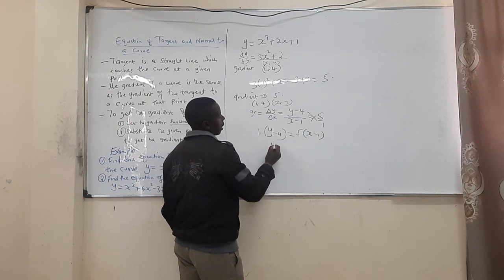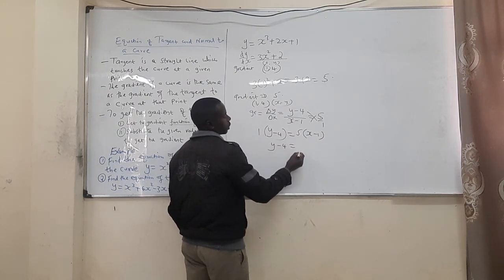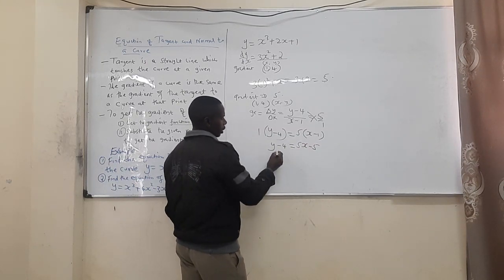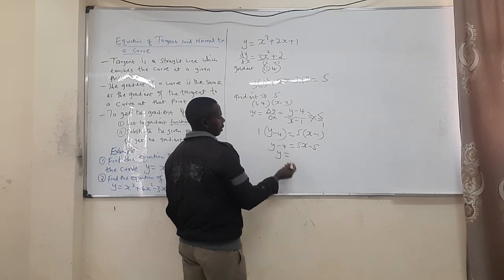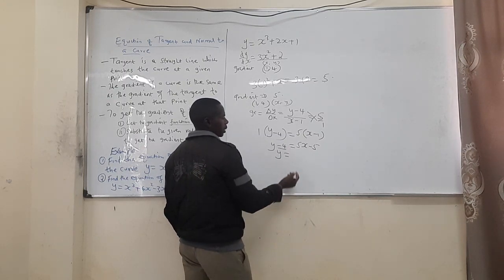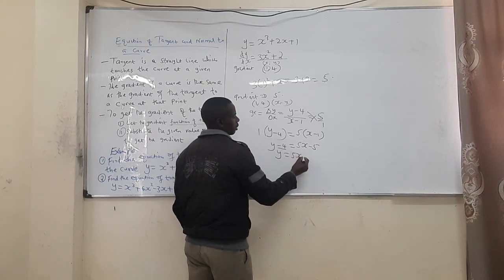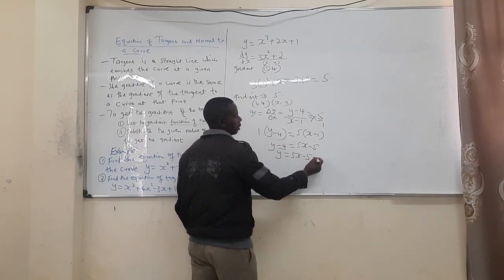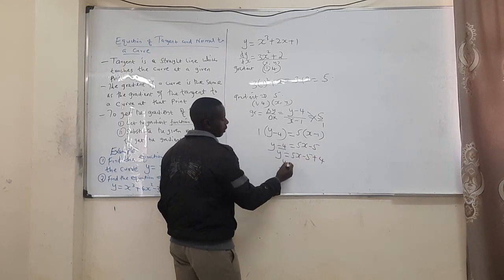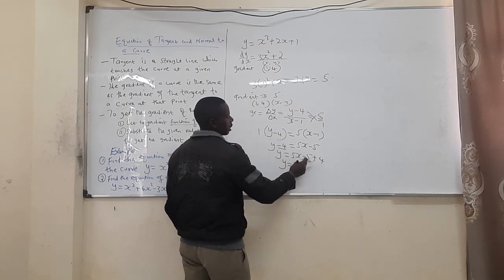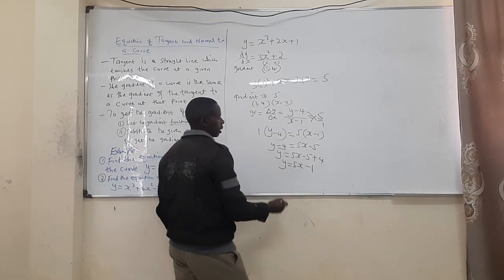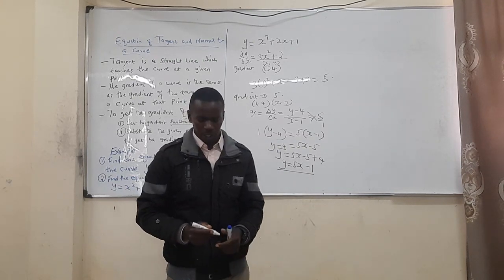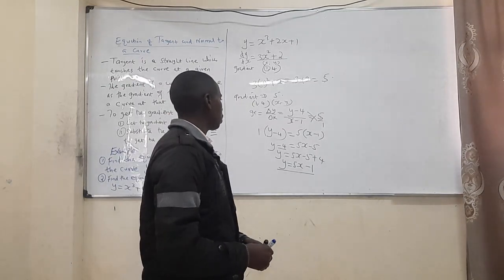So y minus 4 is equal to 5x minus 5. Because the minus 4 crosses the equal sign, I'm going to have plus 4. So finally we have y equals 5x minus 5 plus 4, which is 5x minus 1. So that is the equation of the tangent at that particular point.